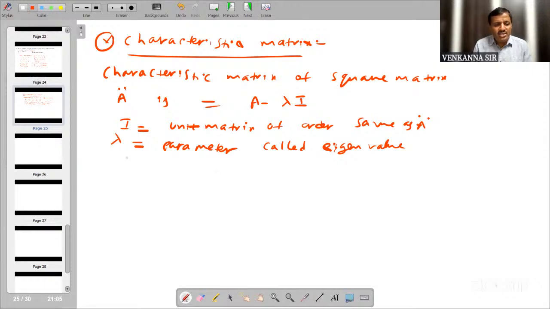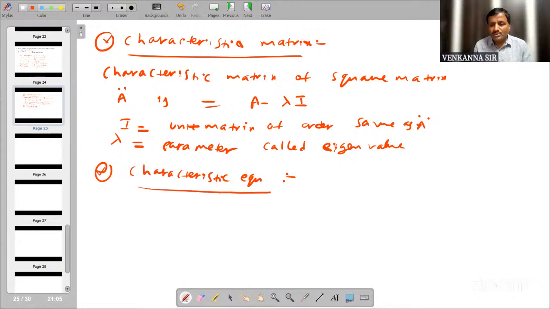Then characteristic equation. What is the definition of characteristic equation? Before that, all of you understood the last topic, system of linear equations? Very interesting, compulsory type.